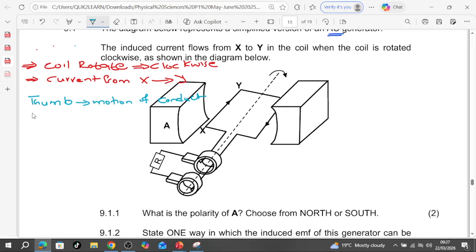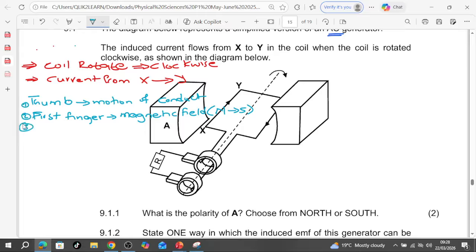Your first finger tells you the direction of the magnetic field. The magnetic field always moves from north to south. And this is one, this is two.